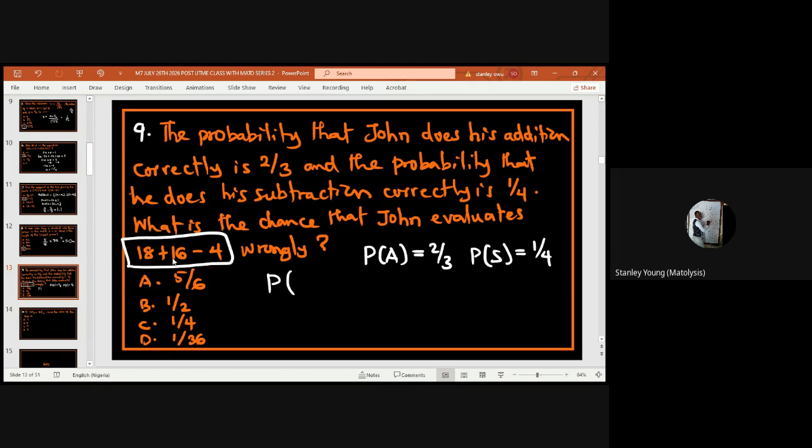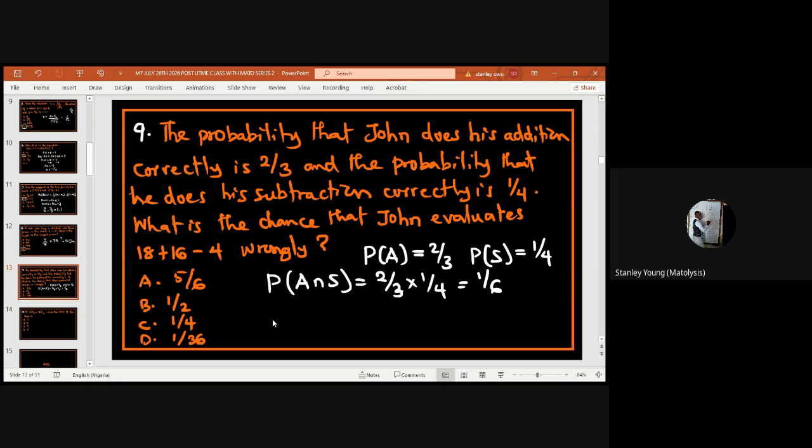It contains an addition and a subtraction. So for him to get it right, he must have done his addition correctly and must have also done his subtraction correctly. You multiply those two probabilities, 2 over 3 times 1 over 4. So that gives us 1 over 6.